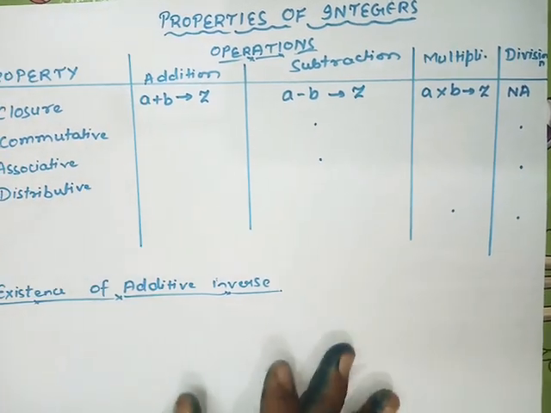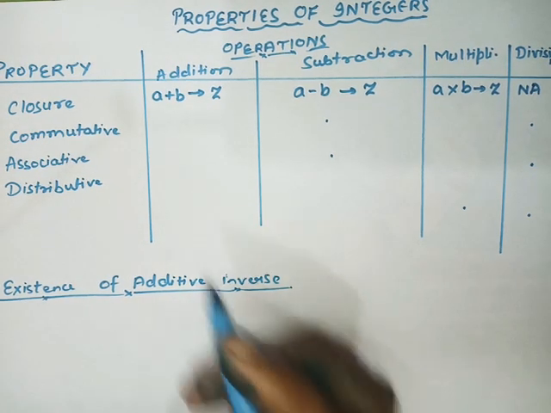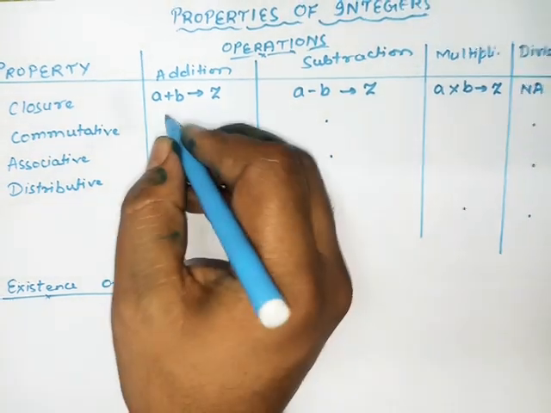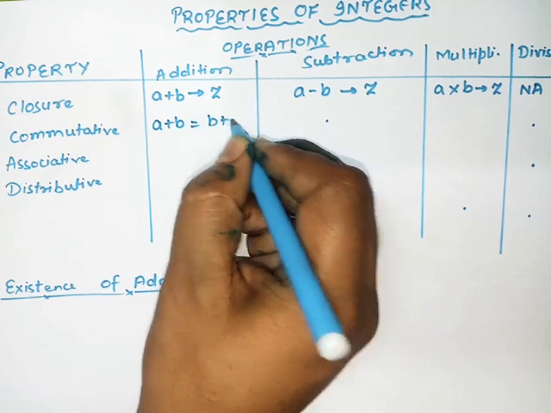Okay, now here comes the commutative property. Commutative property means if a and b are integers, then we can add integers in any order. We can add two integers, like a plus b is equal to b plus a.